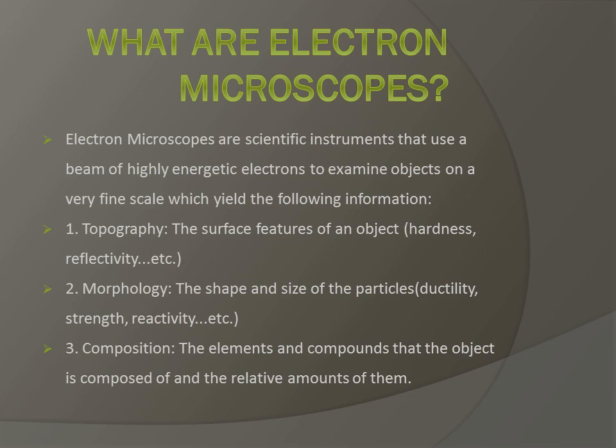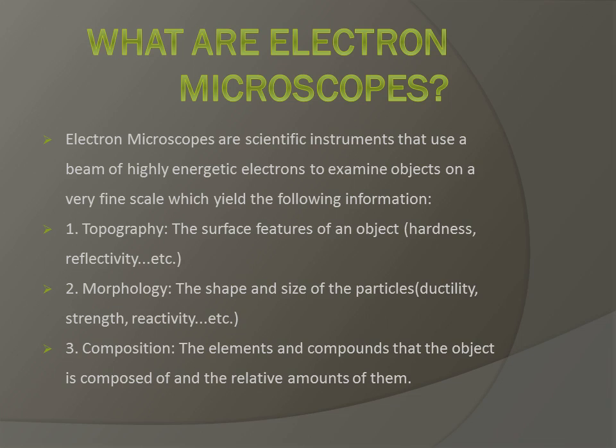This has a source of high energetic electrons to examine objects, and the analysis is classified as topography, morphology and composition. Topography means the surface features of an object, that is the sample's hardness, reflectivity and any kind of topographical dimensions can be analyzed by using electron microscopes.